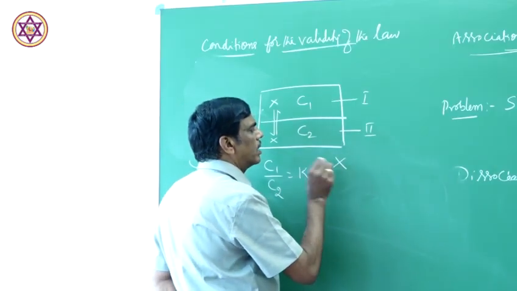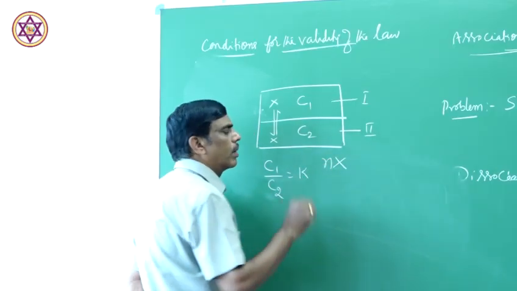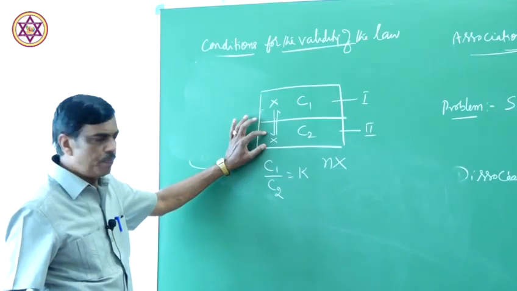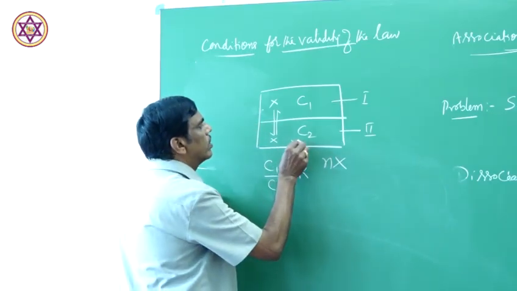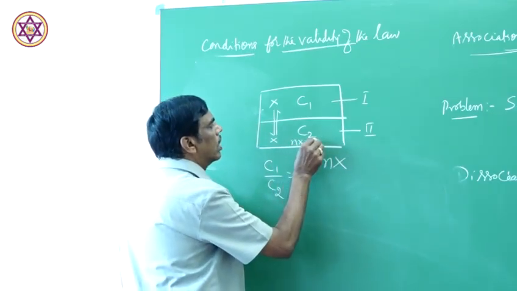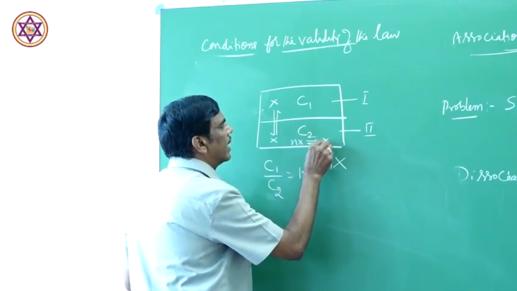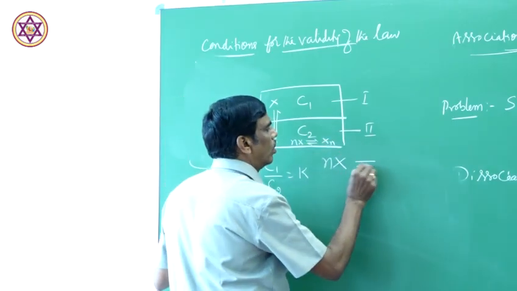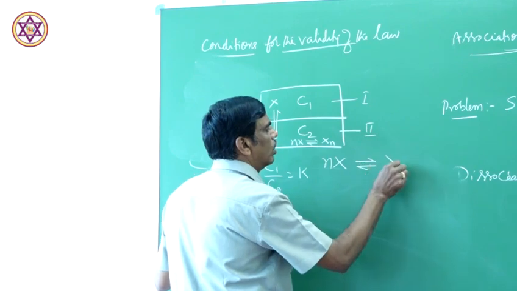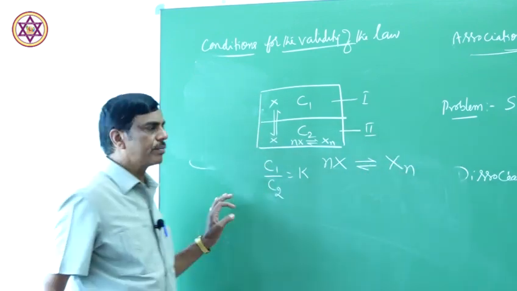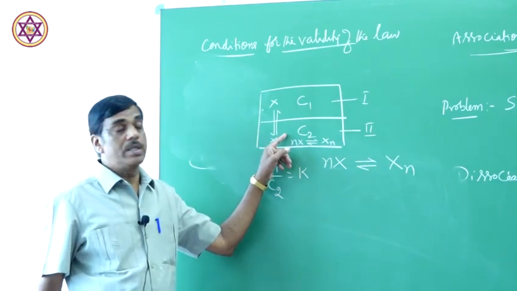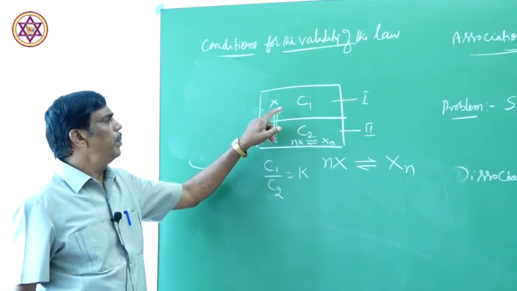association means, for example, n molecules of X in phase 2 undergo association to form Xn in one of the liquids. In the other liquid it will be in the pure state.